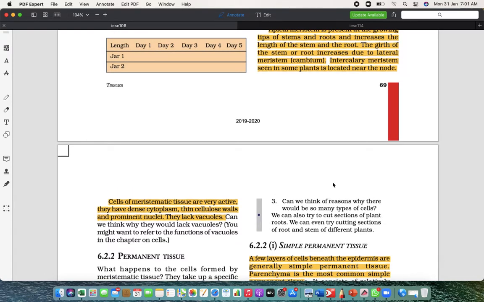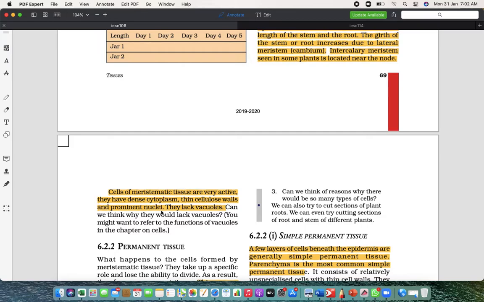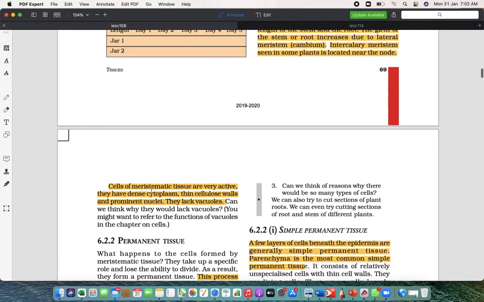So remember there are three types of meristematic tissue: apical, lateral, intercalary. Cells of meristematic tissue are very active and have dense cytoplasm, thin cellulose walls, and a prominent nucleus. They lack vacuoles, which are the storage house.